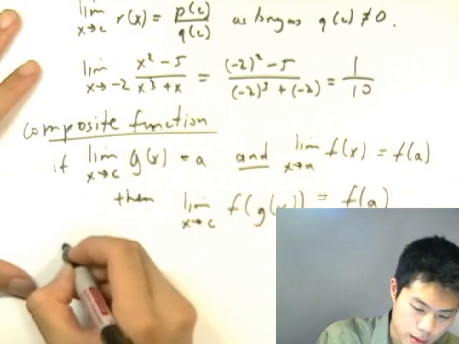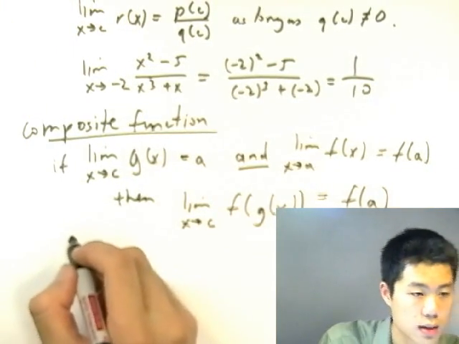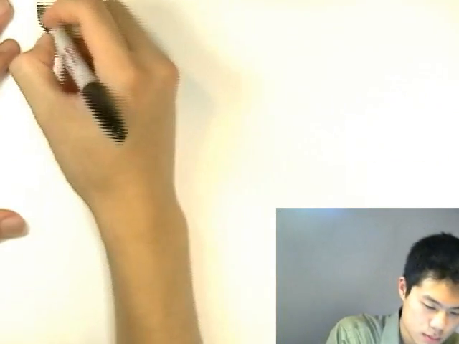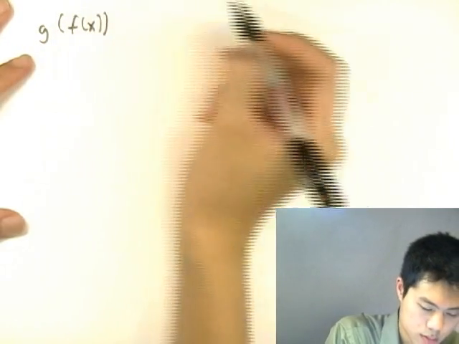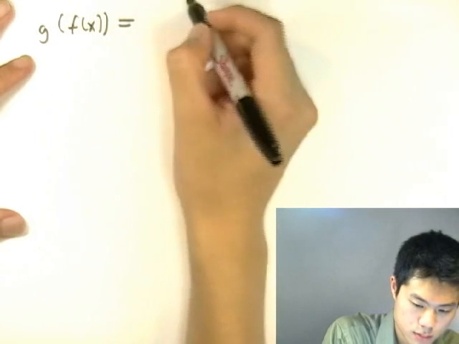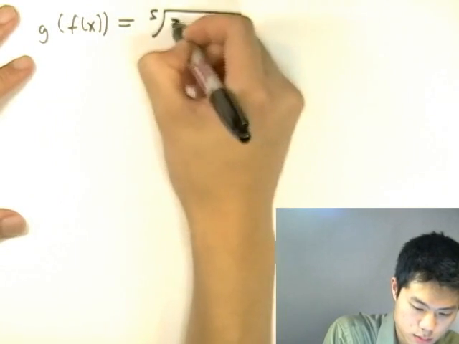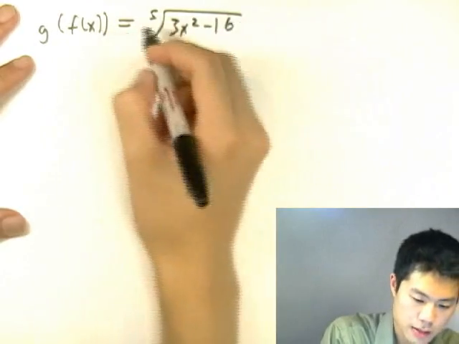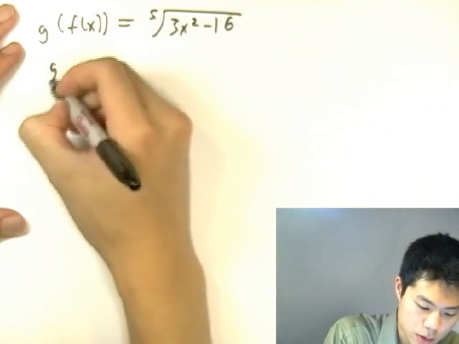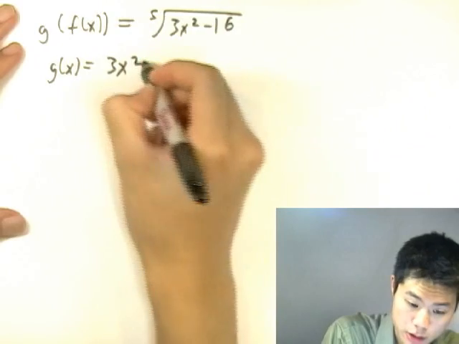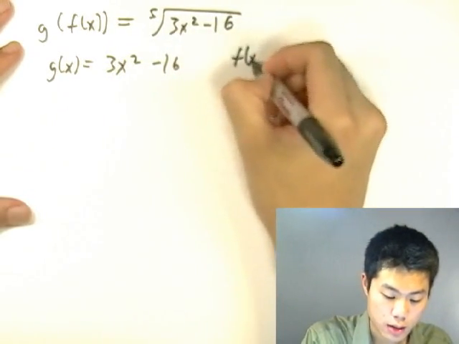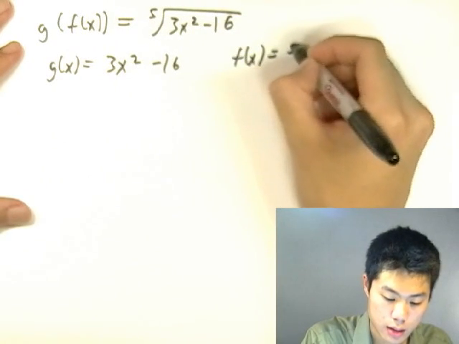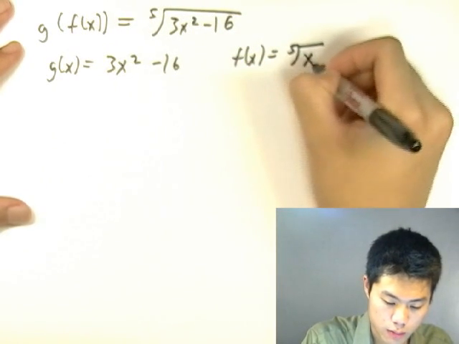So say we have this function here. It's a composite function, and that g of x is going to equal, the inner function is going to equal 3 times x cubed minus 16, and the outer function is just simply going to be 5 root x.